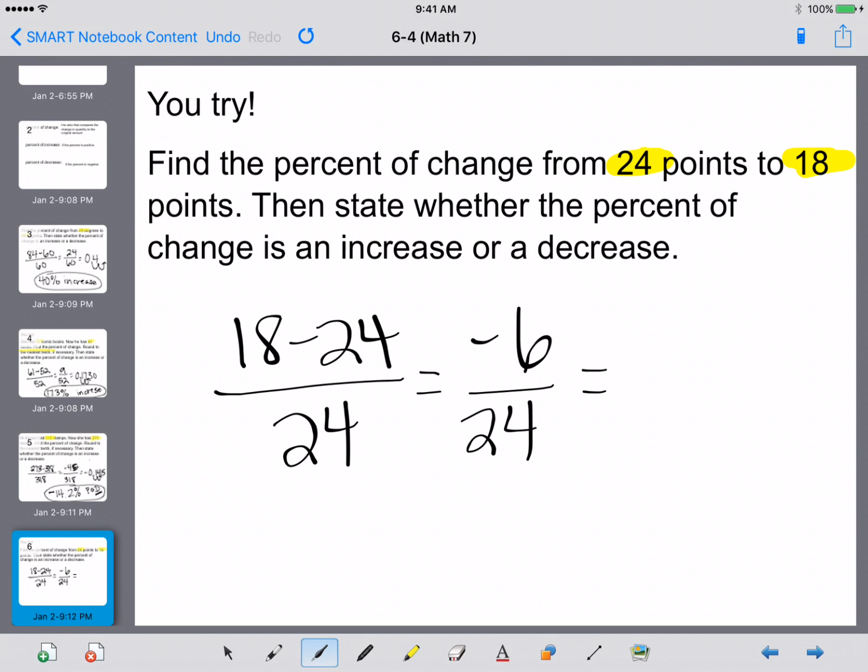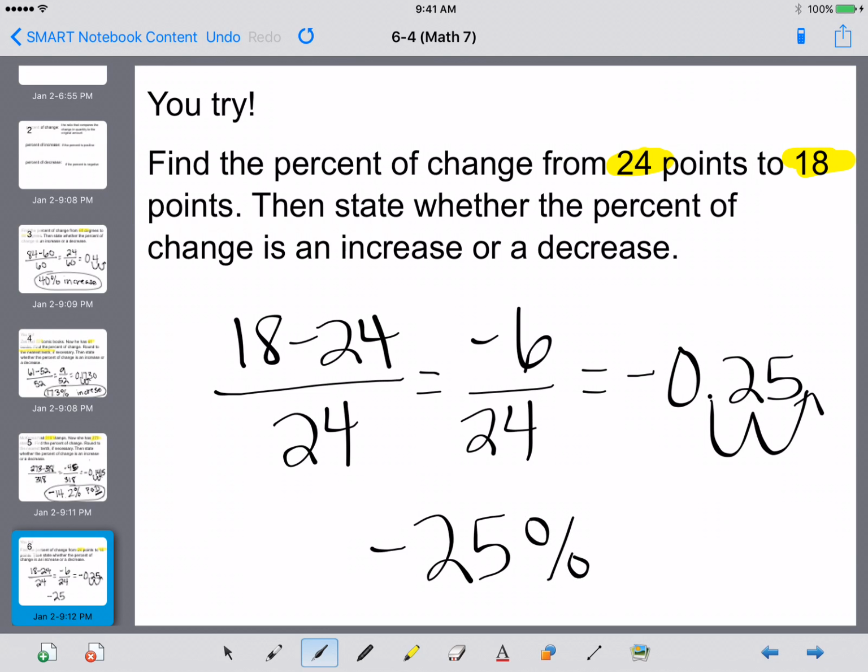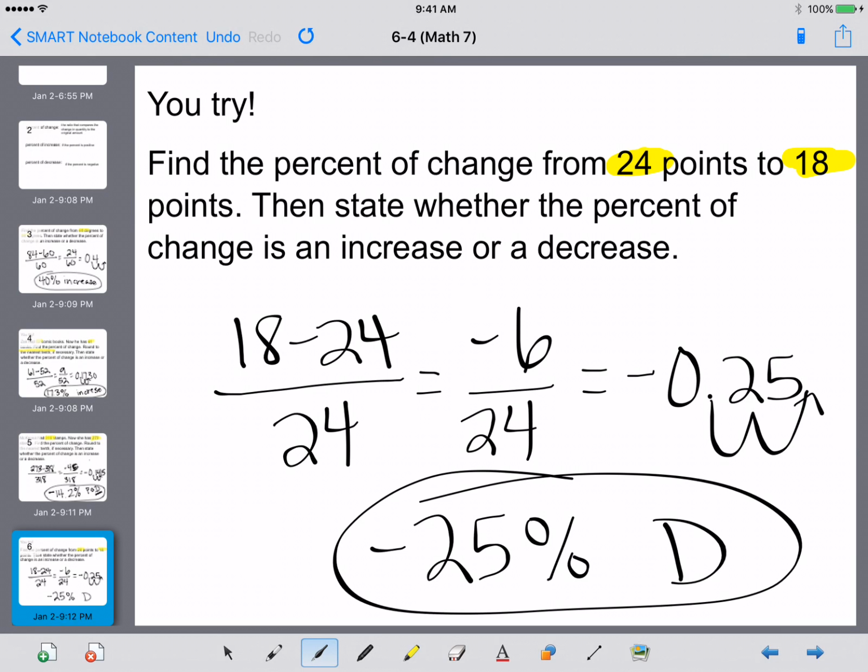And that gets us negative 0.25. Turn that into a percent by moving your decimal over 2 places. And we're going to have negative, don't forget it, 25%, which is a decrease. Voila!